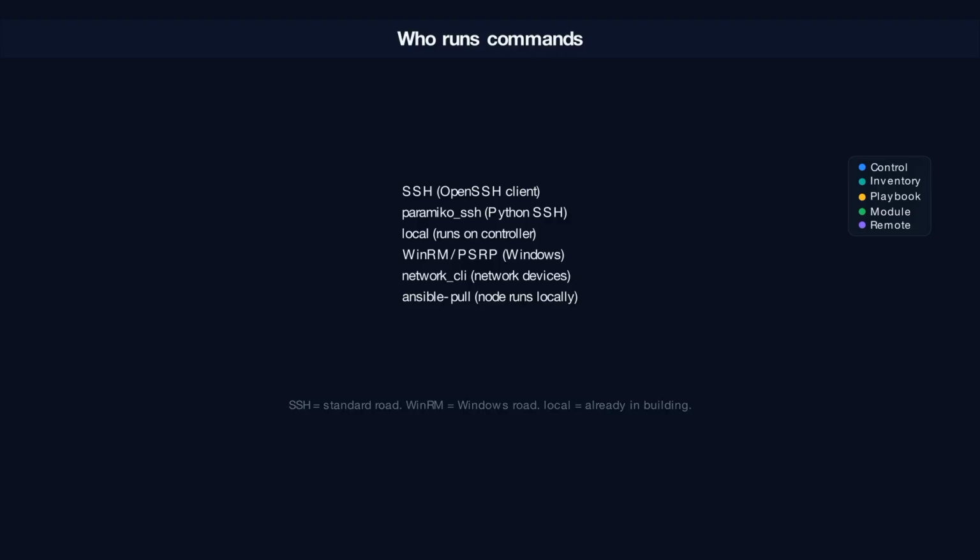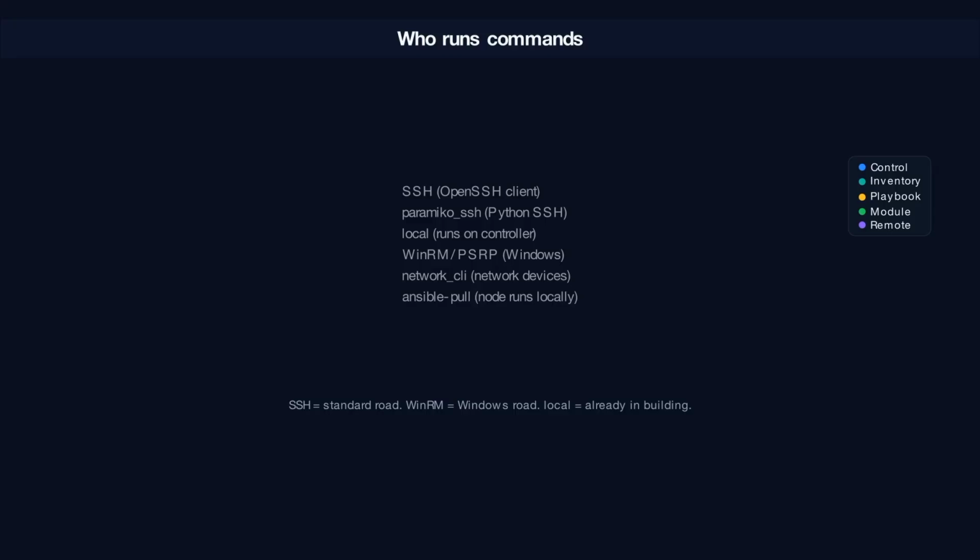The controller usually orchestrates. The remote host usually executes the module logic. For some tasks, parts happen on the controller first. For local connection, the remote is actually localhost. Think of it as transport modes. SSH is the standard road. WinRM and PSRP are the Windows road.